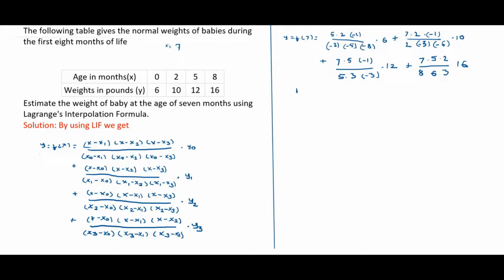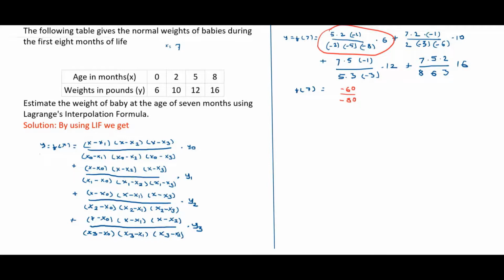So therefore f of 7 is equal to. Now you have to simplify this first one. I will write directly now. If you simplify this, you will get 60 divided by 80, that is minus 60 divided by minus 80.